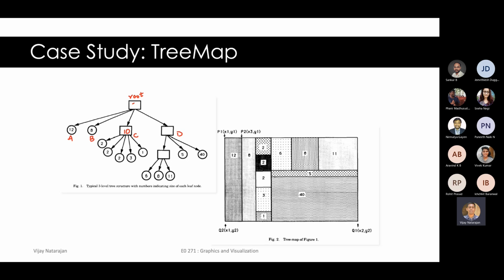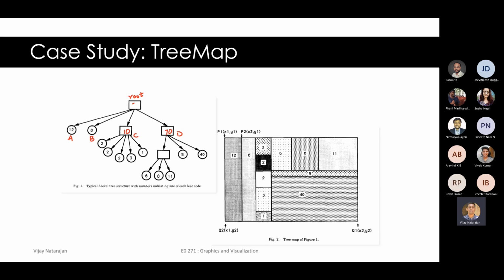I hope that's correct, right? So it's a carefully chosen number, as you can see. If you notice, the root has 4 children and their weights are 12, 8, 10, and 70.